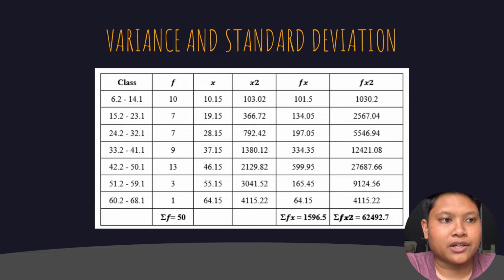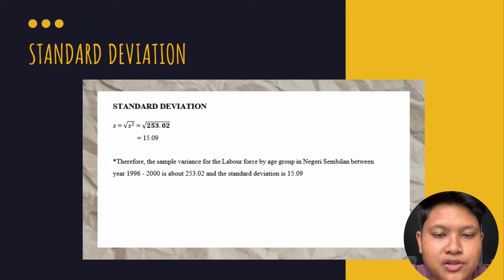So we got the data and then we classify it into the position. So there are all the values that we got from the calculation. To measure the standard deviation, we have used the formula S equals the square root of s square.